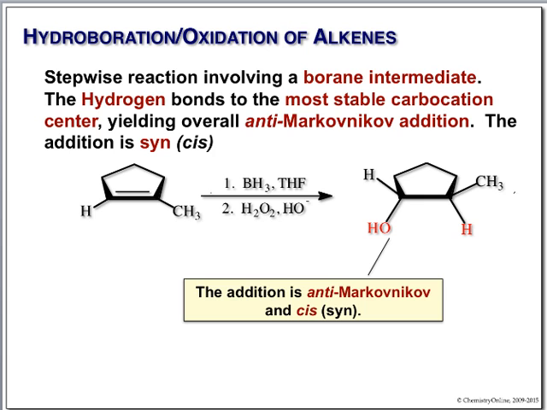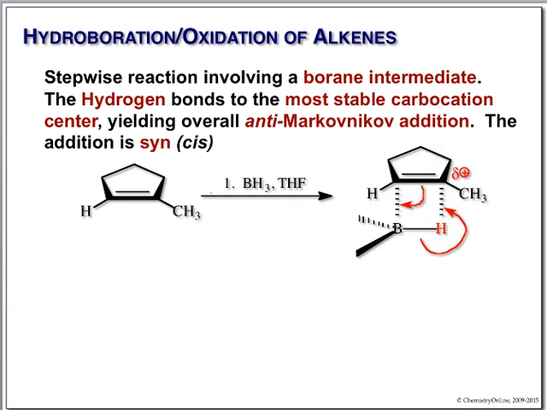It's a two-step reaction. Going to use BH3 in an ether. This is tetrahydrofuran, THF. Step 2, we're going to dump in peroxide. Initially, we make an organoborane and then convert it to the alcohol with peroxide. So let's see how this works. Step 1, our borane simply approaches our pi system.